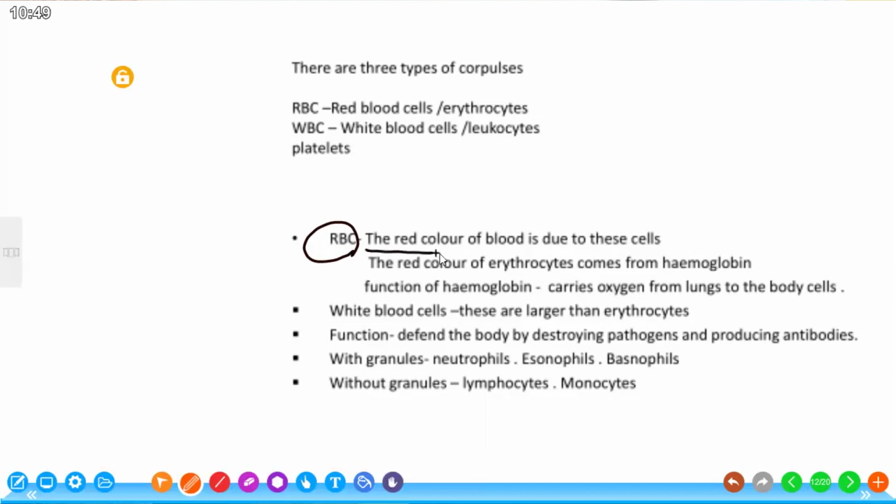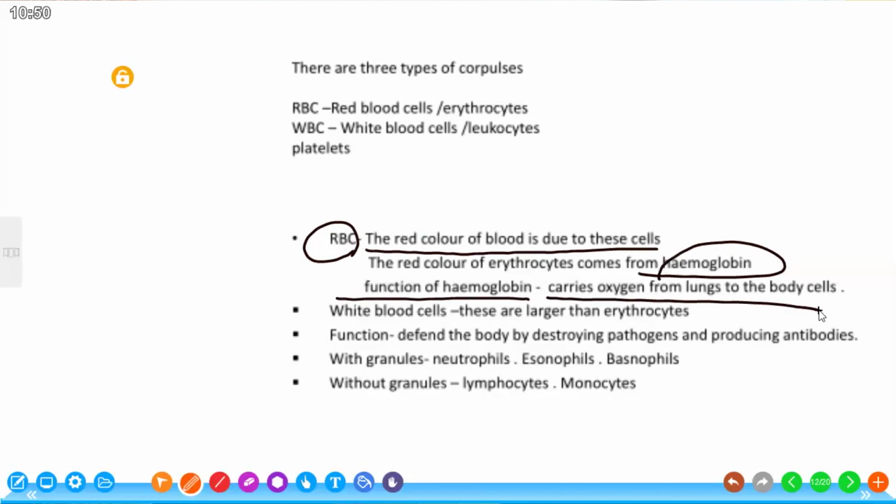The red color of blood is due to these cells. The red color of erythrocytes comes from hemoglobin. Okay? So the function of hemoglobin is to carry oxygen from the lungs to the body cells.